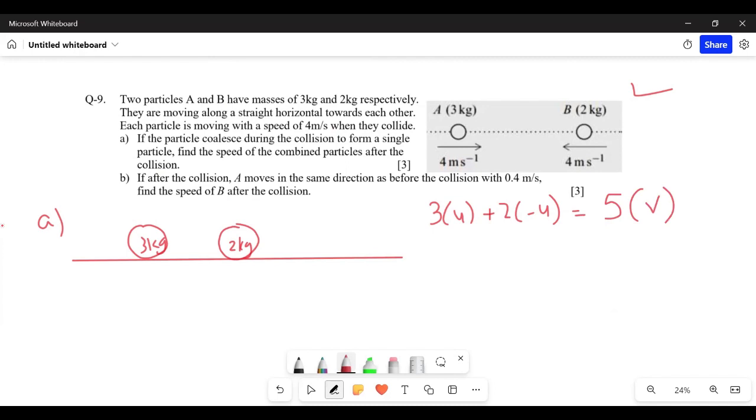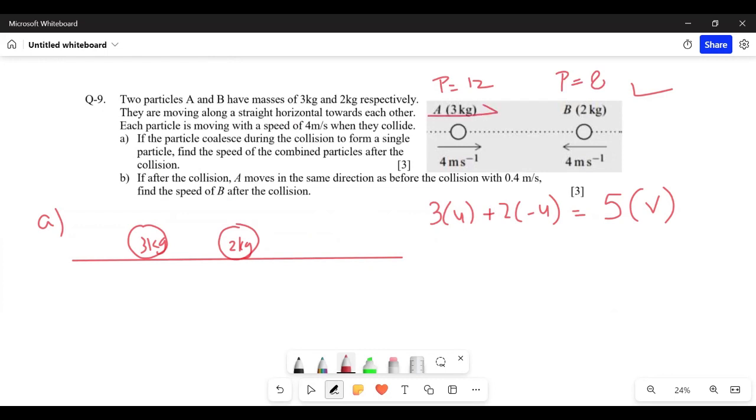And we need to establish whether it's going to be plus V or minus V, depending on the direction the coalesced body will take after collision, which depends on the momentum of both the particles before the collision. So for this one, the momentum is 12, and for this one, it's going to be 8.